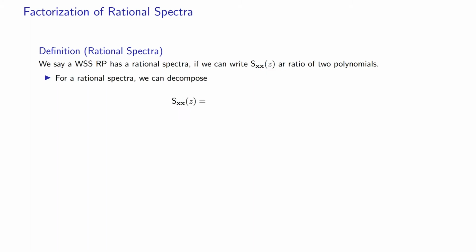For a rational power spectrum, we can decompose it, and we have seen that this function has a symmetrical property: S_xx(z) is always equal to S_xx(1/z). That means that any poles or zeros at z_i should also be poles or zeros at 1/z_i. Because if z_i makes this 0, 1/z_i also makes it 0.